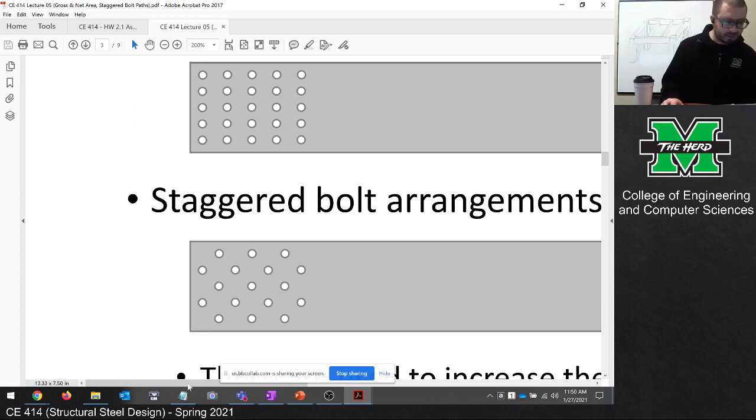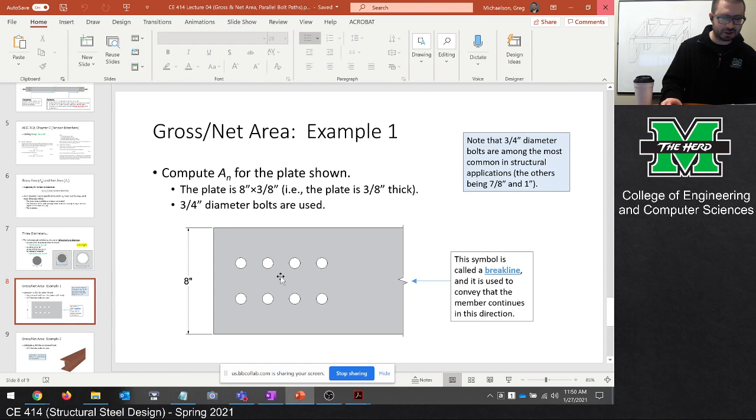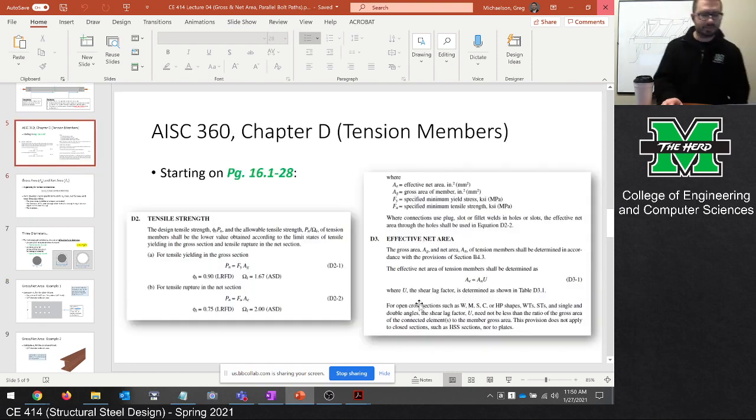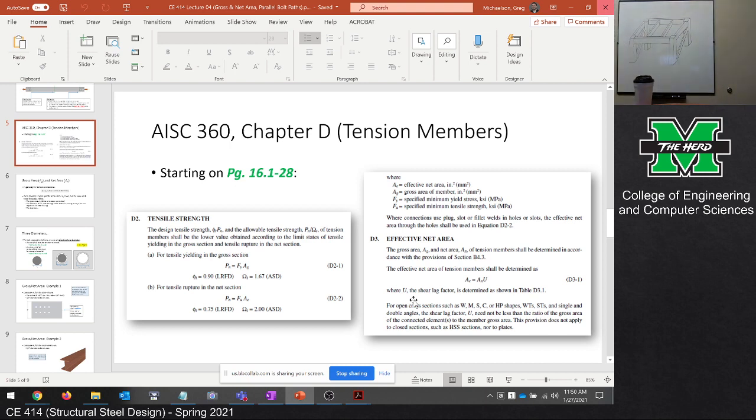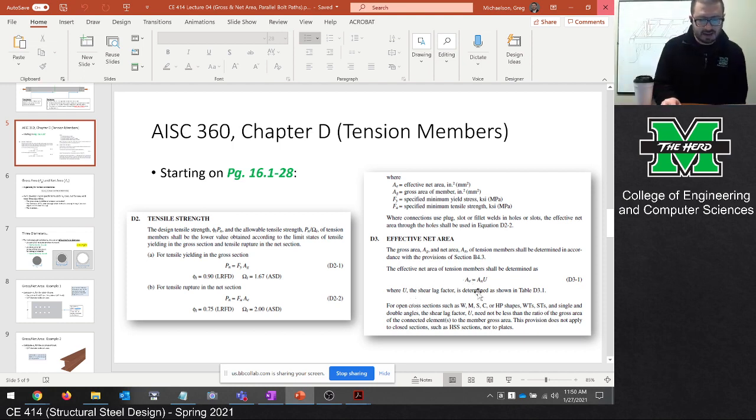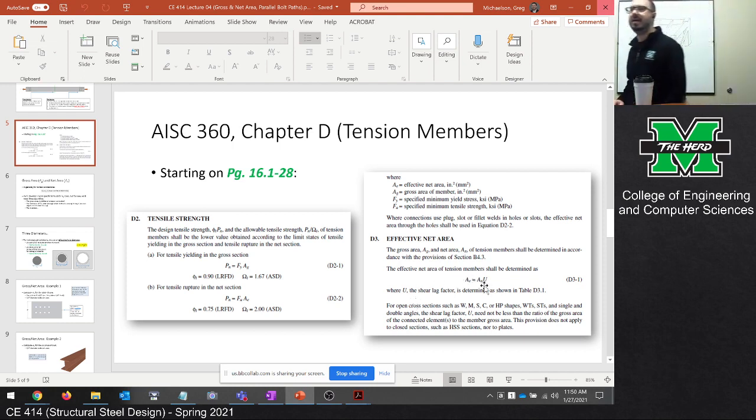And then going back to the lecture today, if you remember from the spec, we computed the net area. Next week, we're going to try and tackle that little pesky U that you see right here. The effective net area is the net area times this U value.